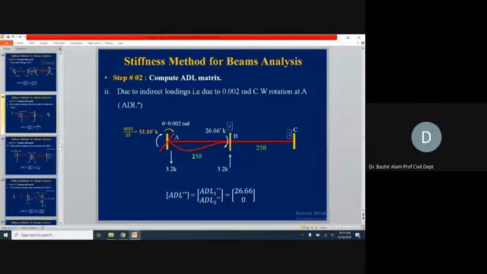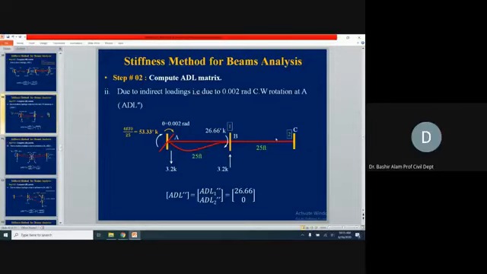What we are doing here, you don't need to go through 6EI theta divided by L squared, because that will become a lot of calculation. So we add the unbalanced moment algebraically, 53.33 plus 26.66, and divide by the moment arm, which is 25. This way we get the balancing couple, which is 3.2 and 3.2.